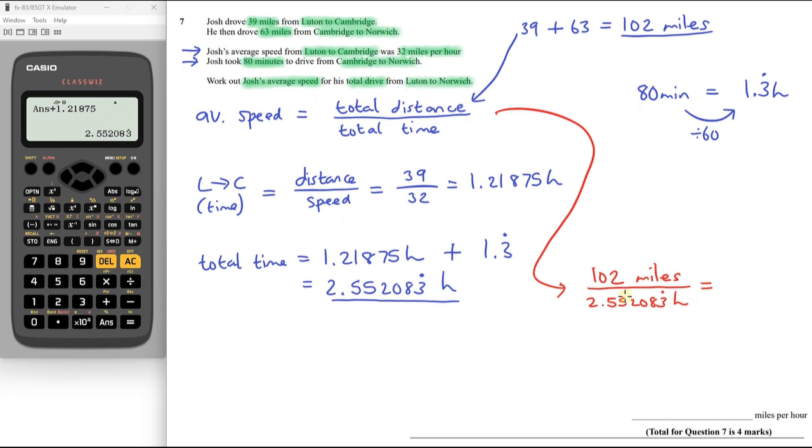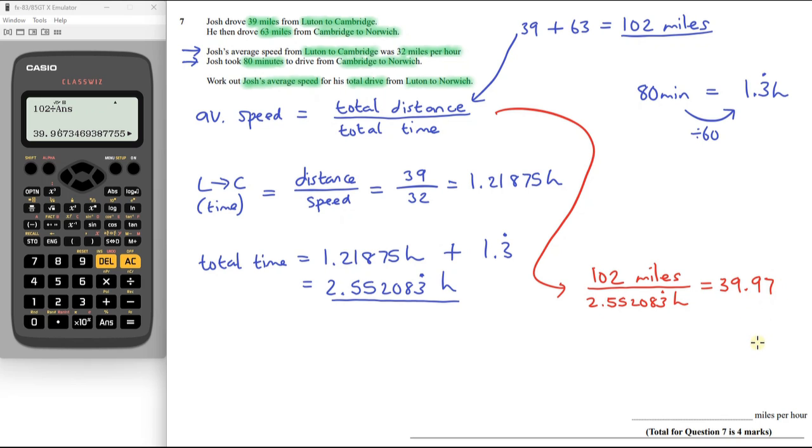I've already got that saved, so I can just do 102 divided by previous answer. And I'm going to round it because this is going to be our final answer. So we've got 39.97, rounded to 2 decimal places, and that's in miles per hour.